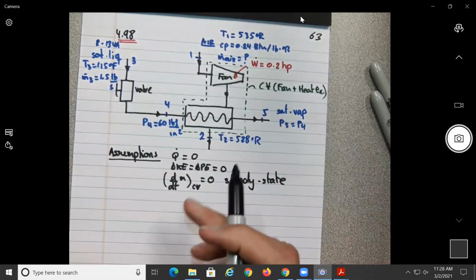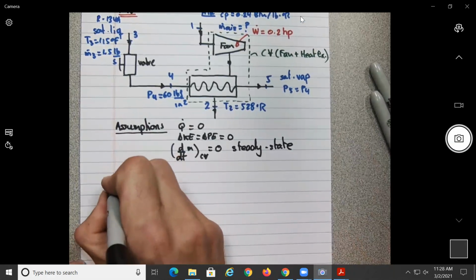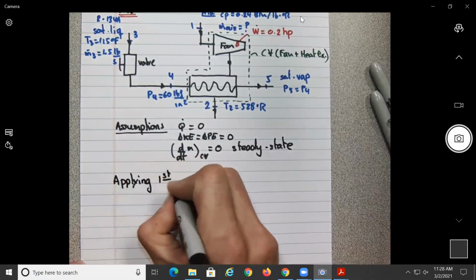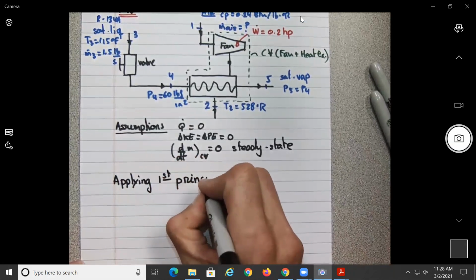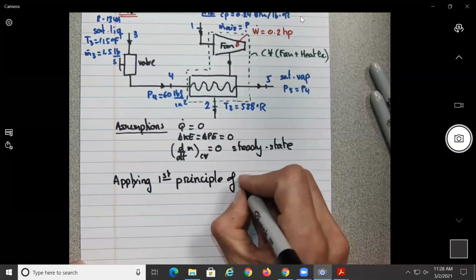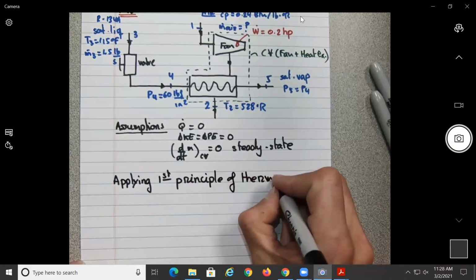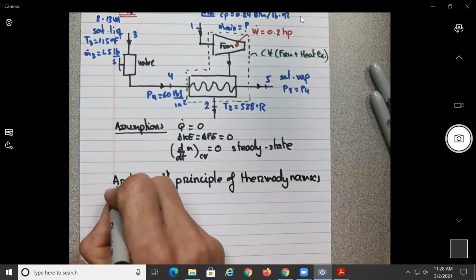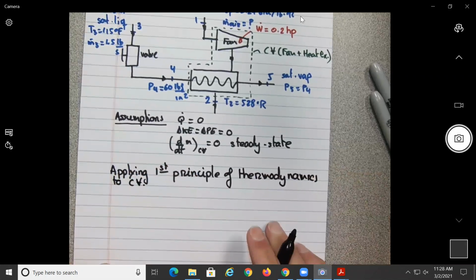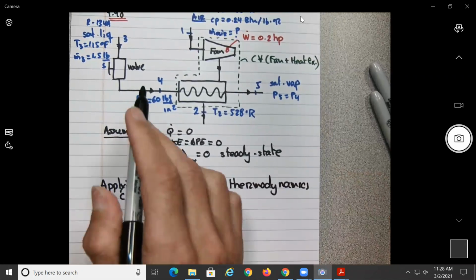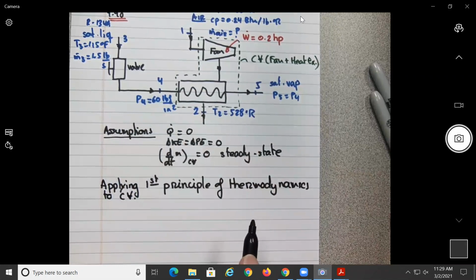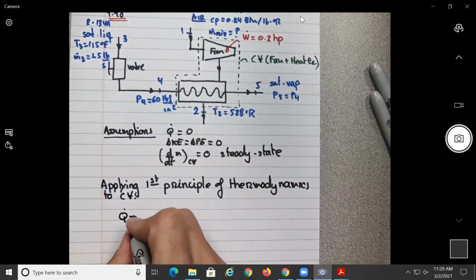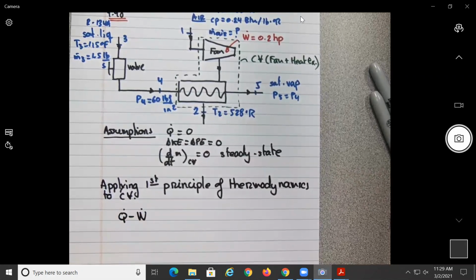Okay, so now that I have it on the figure, you can say, so applying first principle of thermodynamics to control volume. Remember, this control volume is the one on top. So what is the general expression for the control volume? Is heat minus work, minus power, sorry.